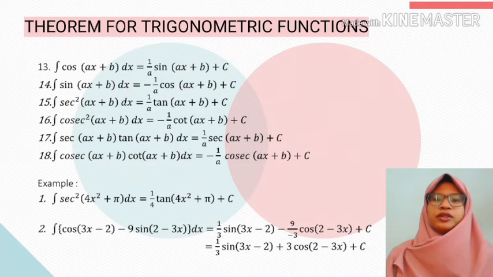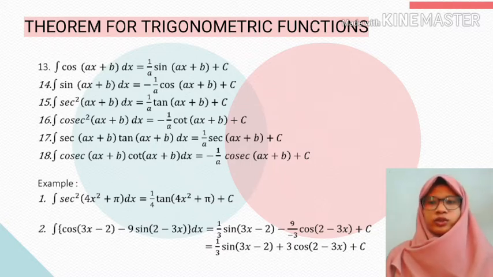The examples for this theorem are: 1. Integral of sec squared (4x squared plus p) dx is a quarter tan (4x squared plus p) plus c. 2.